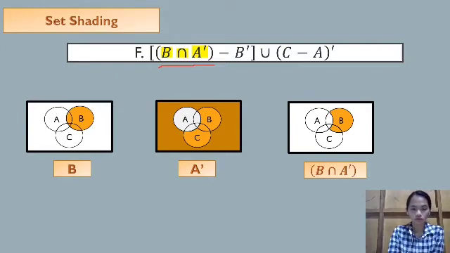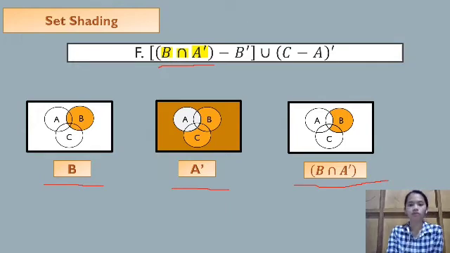I made a Venn diagram of B and of A prime. The answer for B intersection of A prime is this: we intersect, or find where B and A prime overlap. So the result is this.